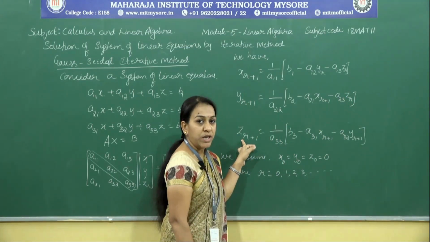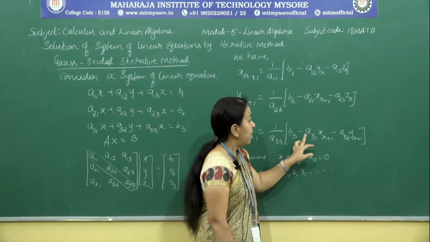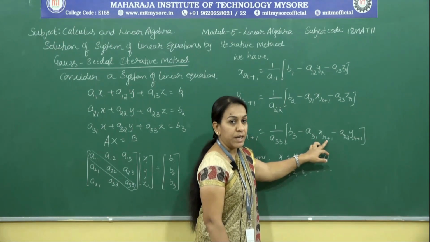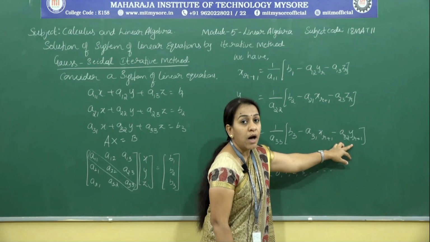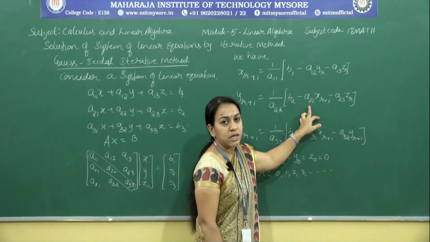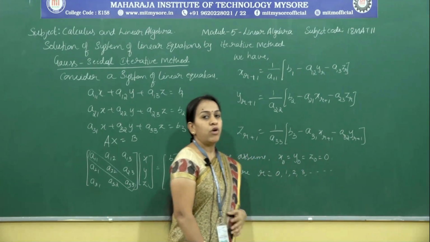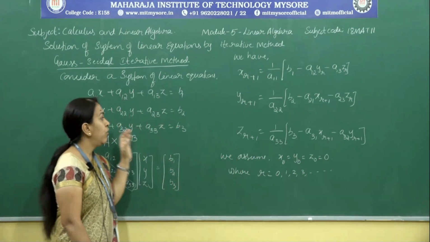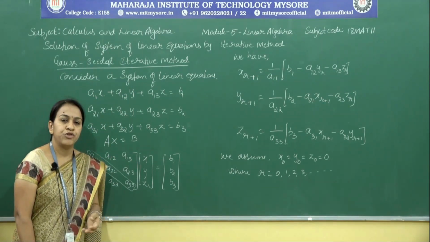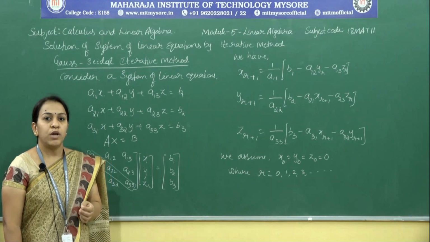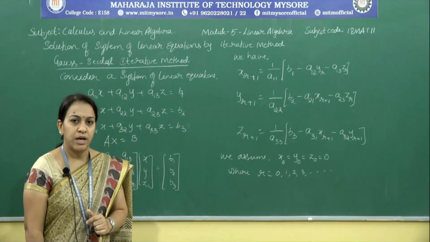And z(r+1) is 1 by a33 into b3 minus a31 x(r+1), solved in the first step, minus a32 into y(r+1), solved in the second step. This result is used here. This is the formula to get the solution of the system of linear equations, which means finding the x, y and z values.